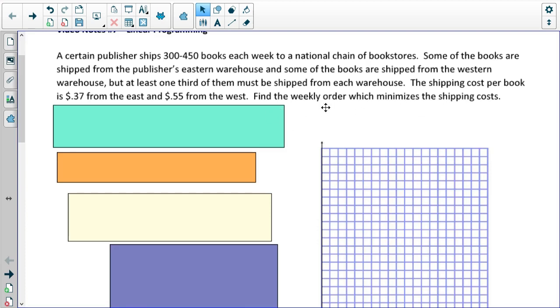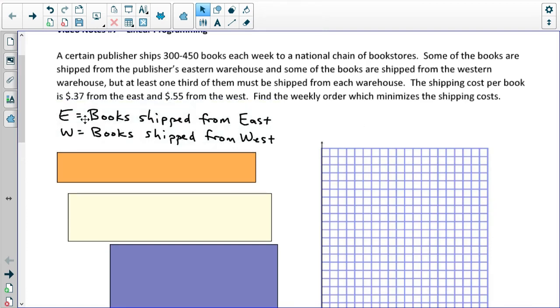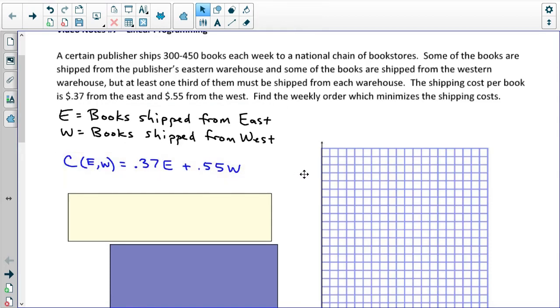First thing we want to do is determine what our variables are. So we want to minimize costs, and costs are given in terms of number of books from each coast, basically. So we're going to determine the number of books shipped from the east and the number of books shipped from the west, and then that will help us find our objective function.